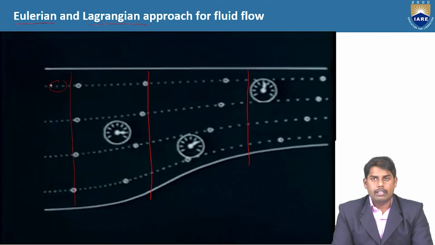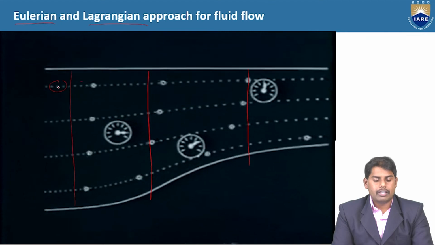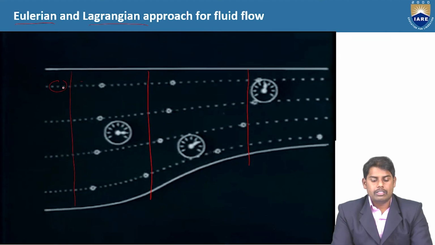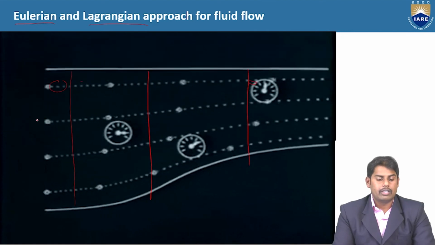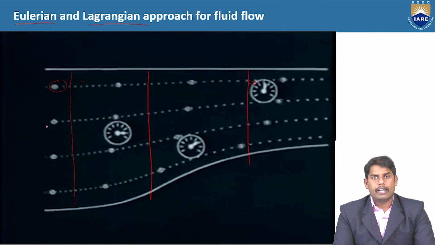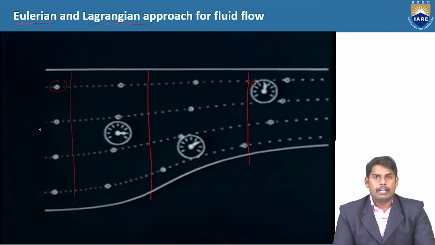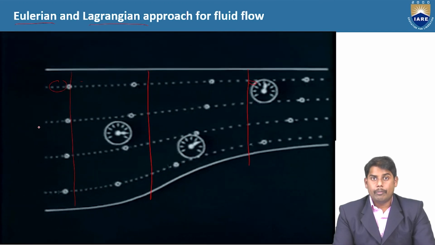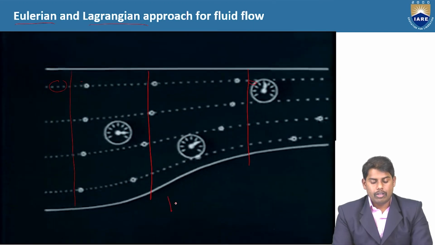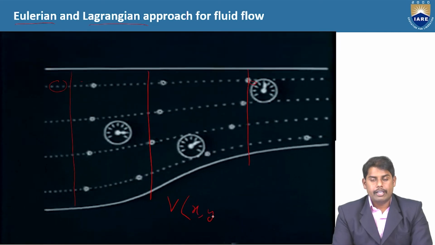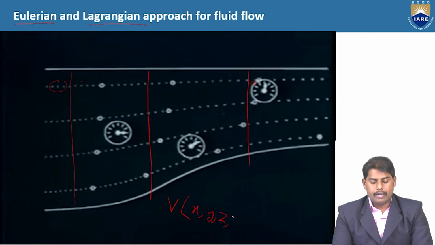Here, a fluid particle which is coming will have a certain velocity. At this point it will have a different velocity, and at this point another velocity. If you want to track a single fluid particle and know its properties throughout time and space, the velocity of the fluid particle is a function of x, y and z and time.